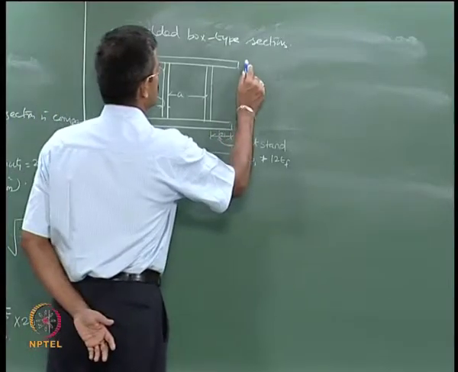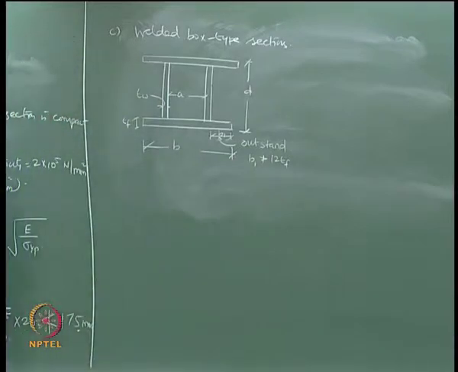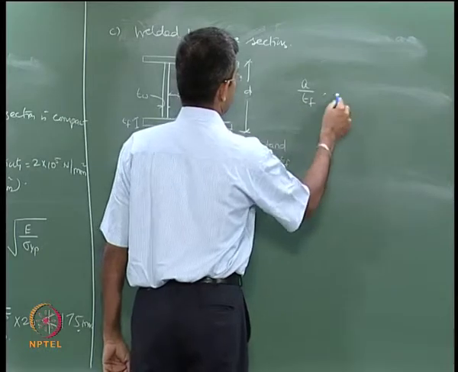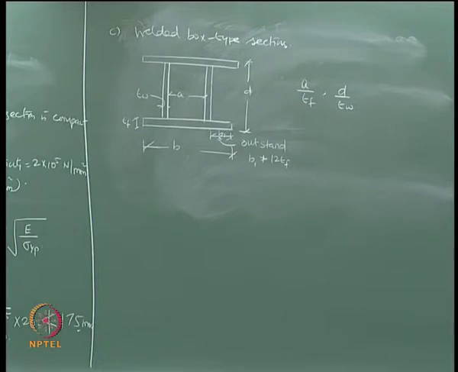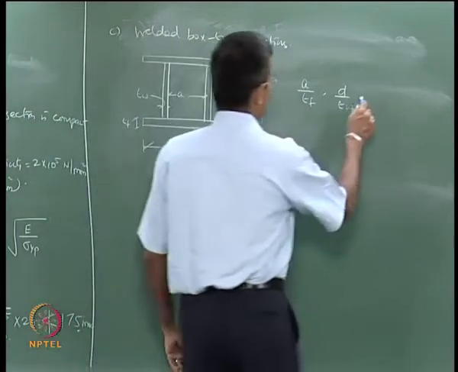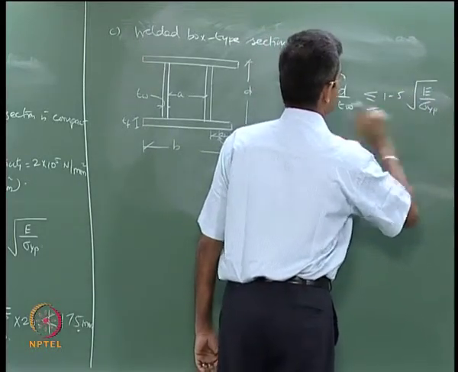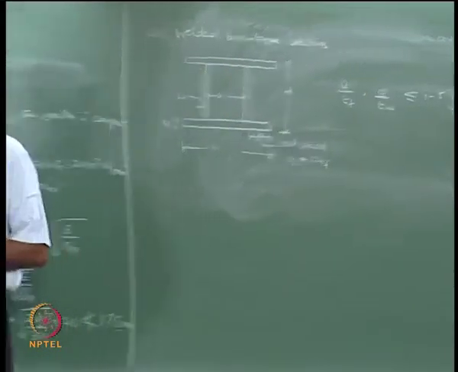And of course, this is D, the depth of the section. So, the condition is A by TF and D by TW should be less than or equal to 1.5 times root of E by sigma yp for confirming the section to be compact.